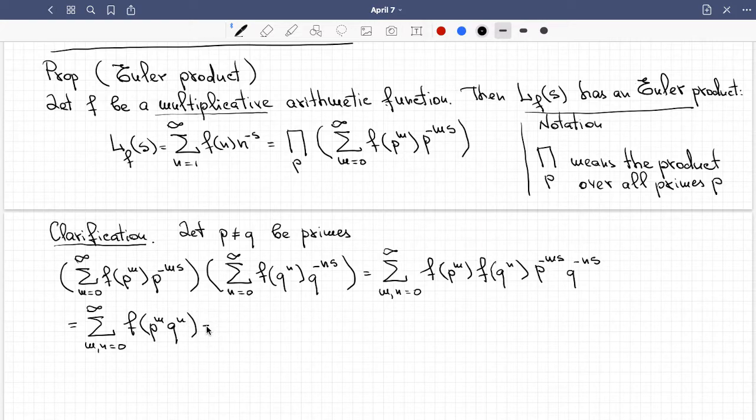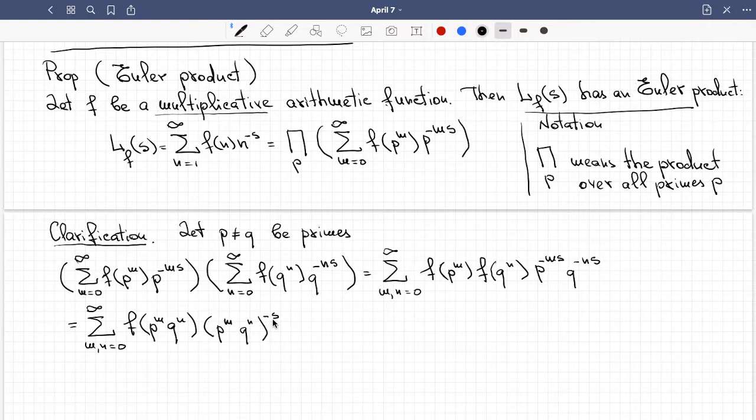Here it is p to the m, q to the n, to the power negative s.